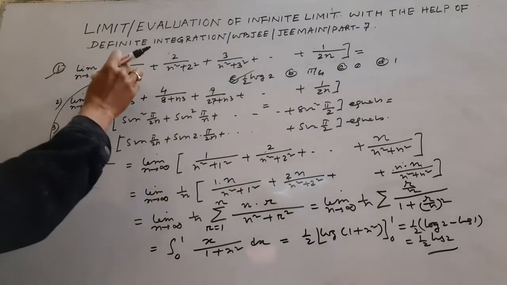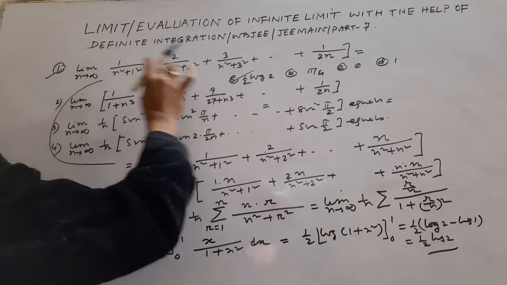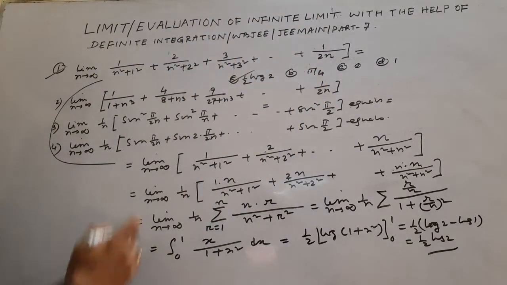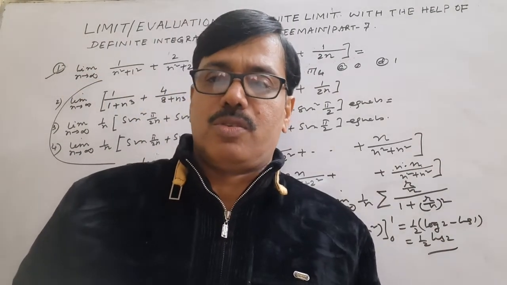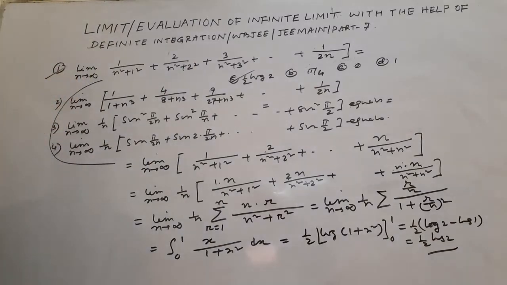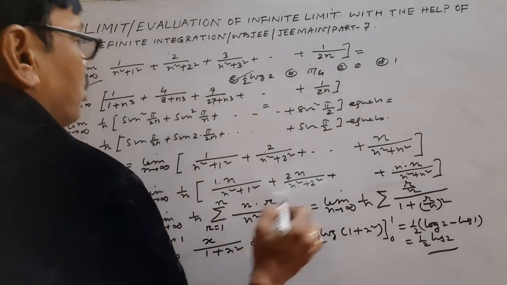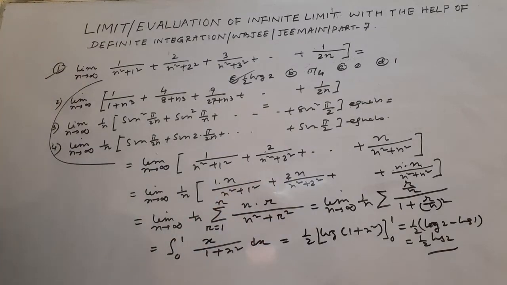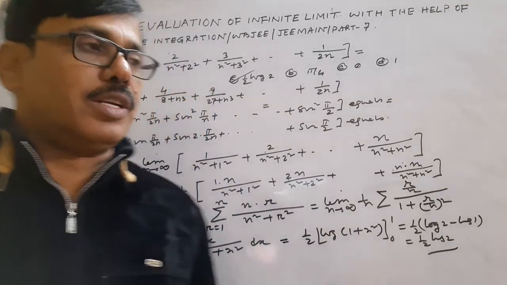Look, the numerator is not the same and we cannot find the sum of the denominator. So that is why the ordinary process of finding a limit is not applicable here. So we use the process of evaluation of limit with the help of definite integration.